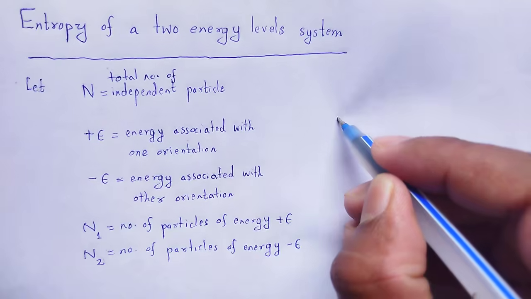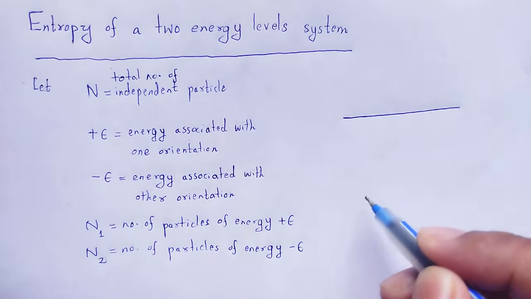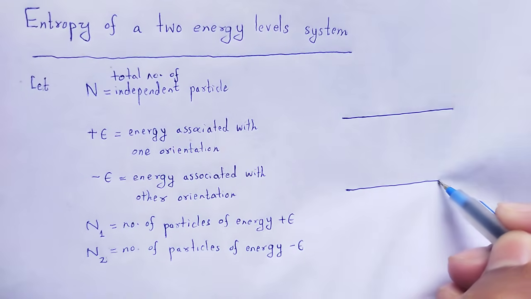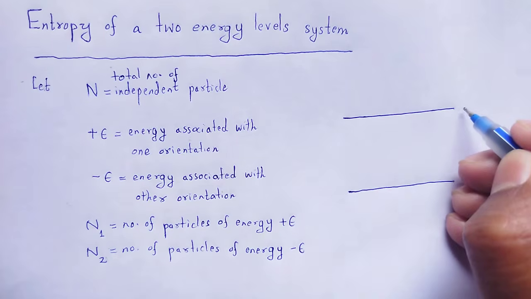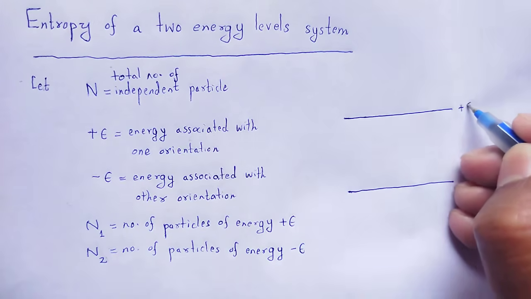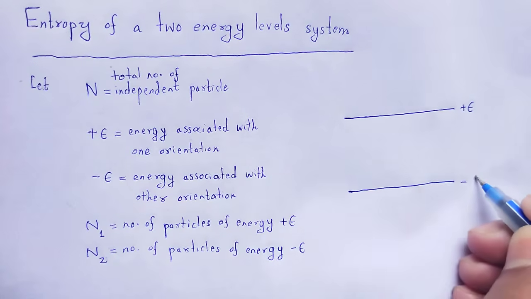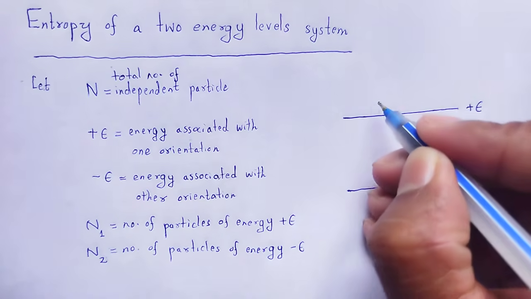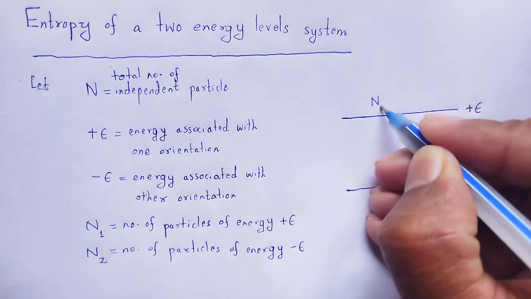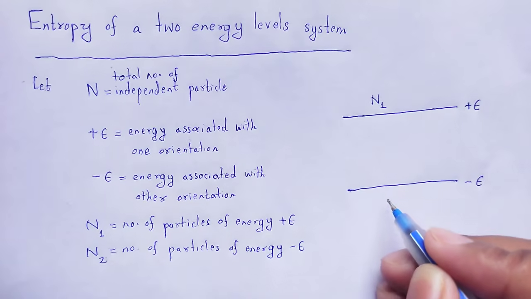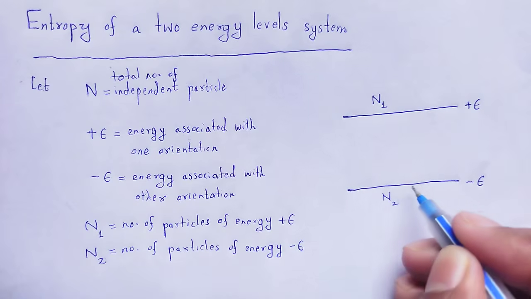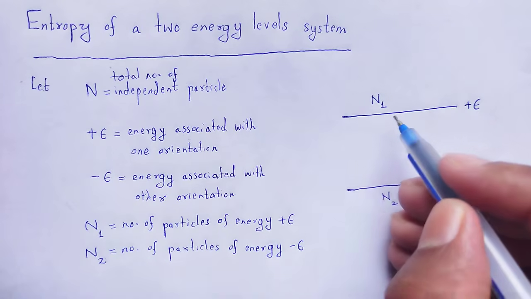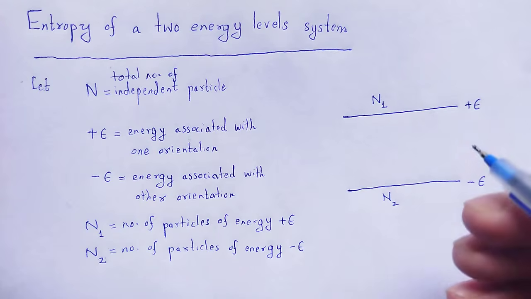So we consider two energy levels, plus epsilon and minus epsilon. It has number of particles N1, and the other has the number of particles N2. This one is the lower energy state, and that one is the higher energy state.